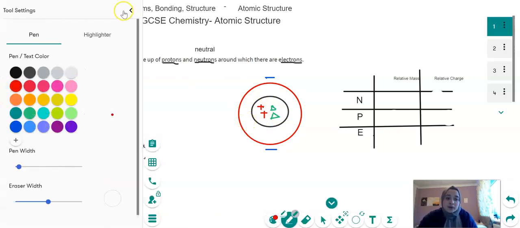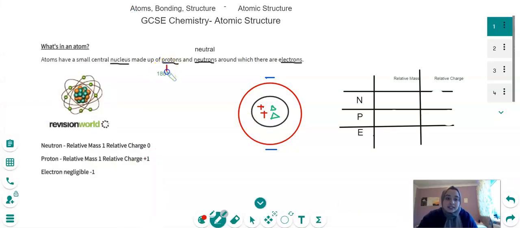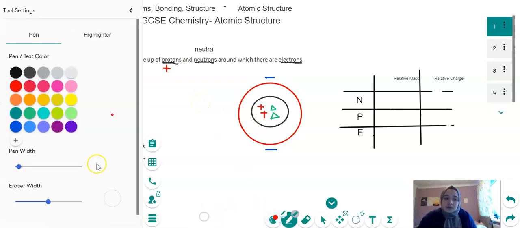And the way I like to think about it is protons reminds me of positive. They both start with a P, and the plus is a positive sign. So P and P, you're winning. Okay, yes. So the other shape, the triangle which I've drawn, that would be the neutrons.